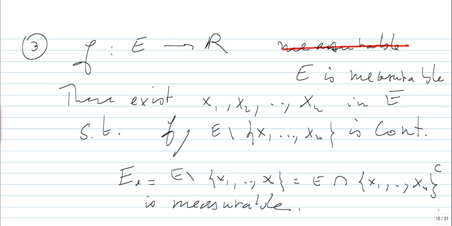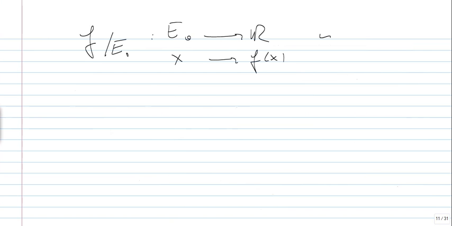Finite sets are closed, the complement will be open, and open is measurable. E is measurable, and the intersection of two measurable sets is measurable. So E0 is measurable. And we know that the restriction of f to E0, defined on E0 into R, is continuous. Therefore, f restricted to E0 is measurable.